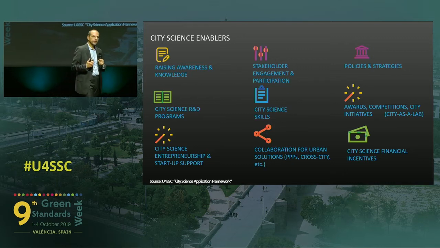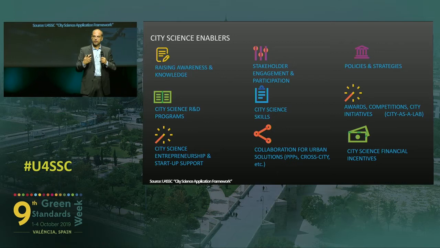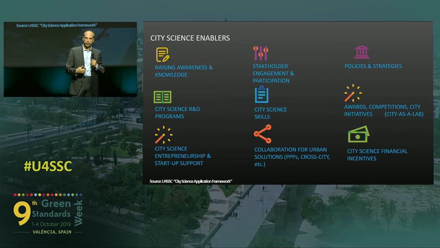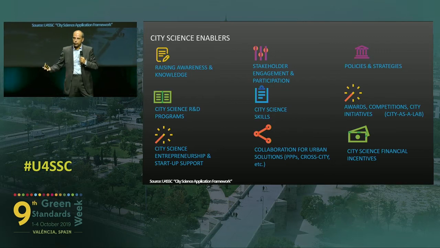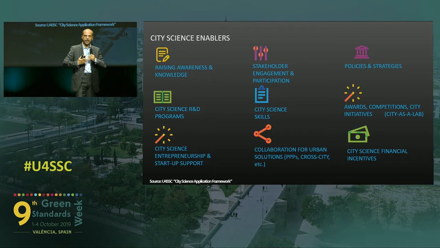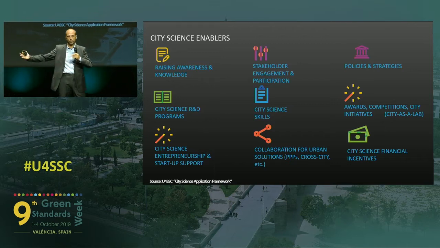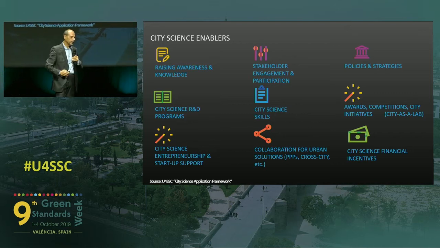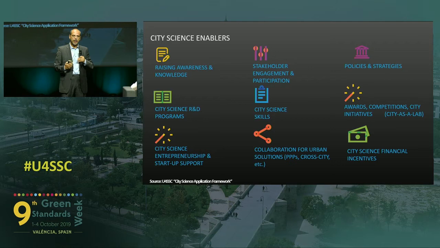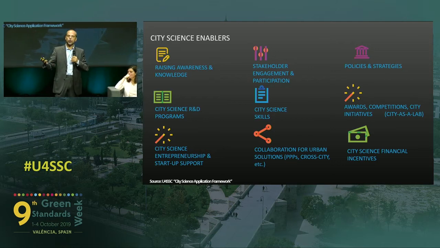If the cities want, they can incentivize startups and certain companies with tax breaks, tax reductions, to boost city science in their own context. So this is a portfolio of options, a toolkit that's available to cities. They don't have to do all of these. They can identify their own status and apply one or more of these enablers in their own context.